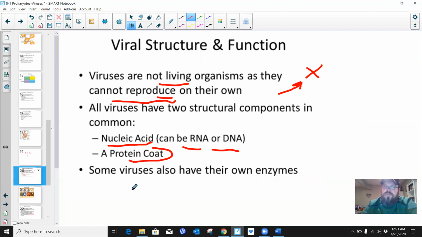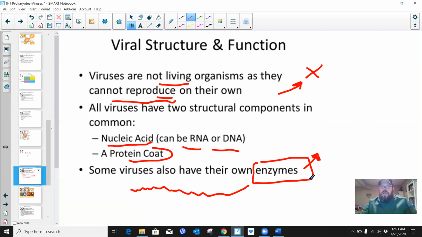Some viruses will also produce their own enzymes as well. Okay, we've learned about what enzymes are. Enzymes are a type of biological compound or molecule that helps push reactions, or they help to break things down.